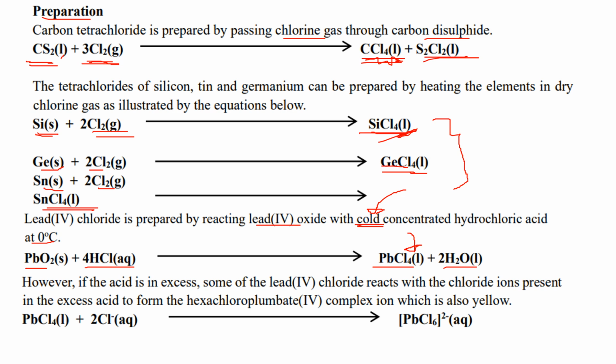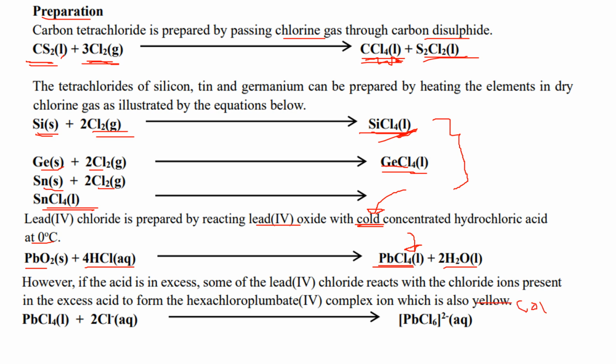However, if the acid is added in excess to this lead tetrachloride, the chloride ions present in excess react with the lead tetrachloride to form a complex, which is the hexachloroplumbate(IV) complex. Now this complex is not yellow, it's a colorless solution.